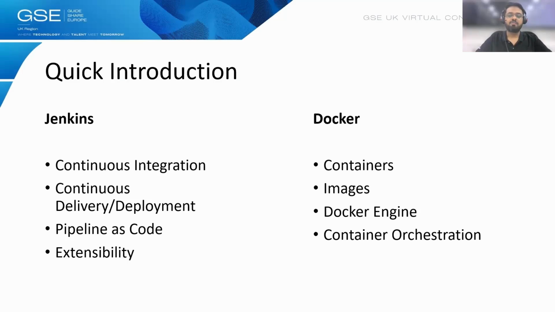We make images out of those, because an image again means it has everything that you need for your application to run. It can be a read-only template, so all dependencies and source code that you need, you can put into your image. You can have that centralized in your Docker registry.